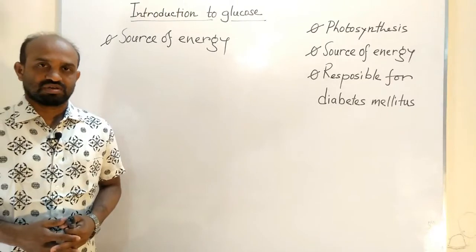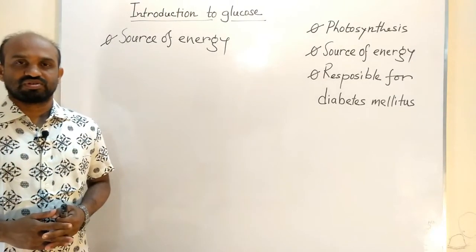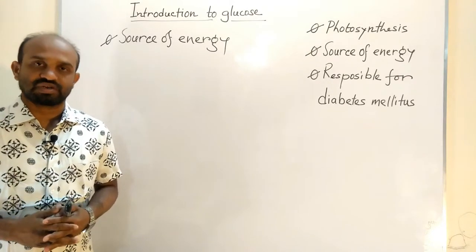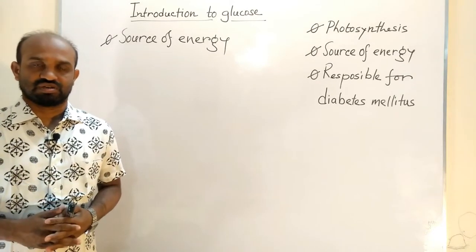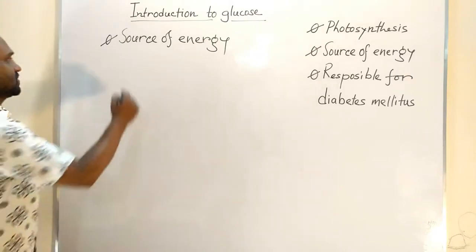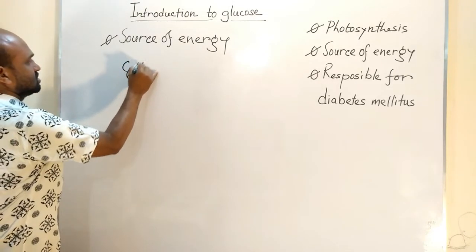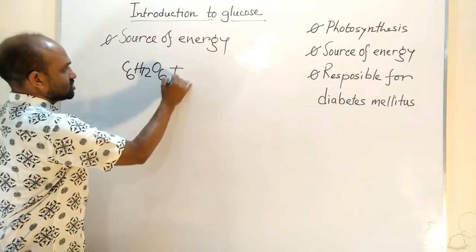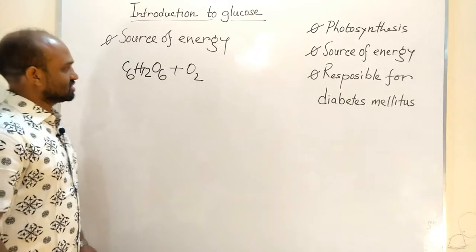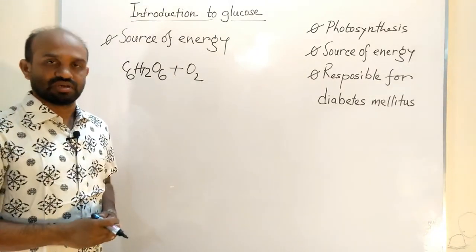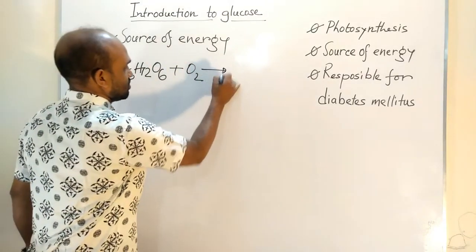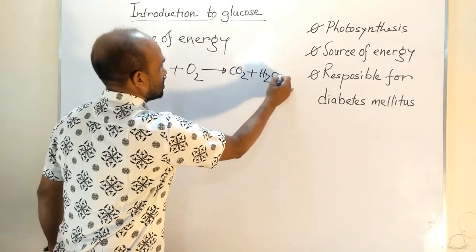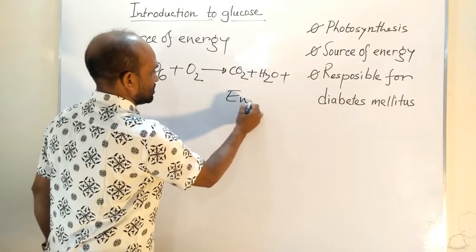Dear students, glucose is a kind of source of energy in our body. It produces energy through this reaction. Let's see the reaction. C6H12O6 reacts with oxygen, which is taken through inhalation, and produces carbon dioxide, water, and energy.